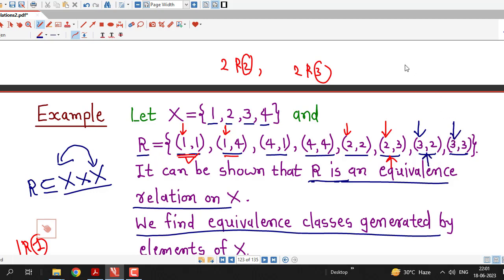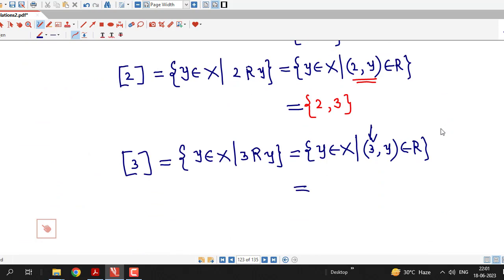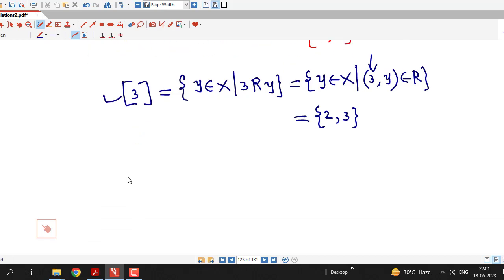For this ordered pair we can say that 3 is related to 2, and for this ordered pair we see that 3 is related to 3. Therefore relatives of 3 are 2 and 3, or we can write these second components 2 and 3 in the equivalence class. So here I write 2 and 3 and we find that equivalence classes generated by 2 and 3 are same.